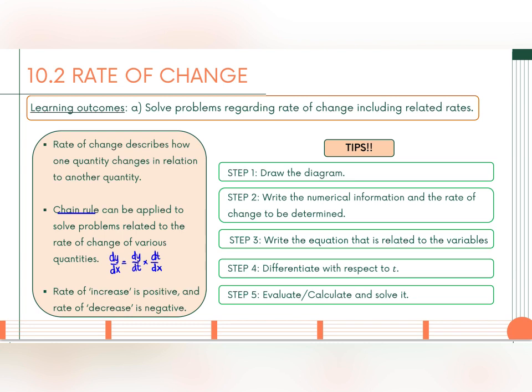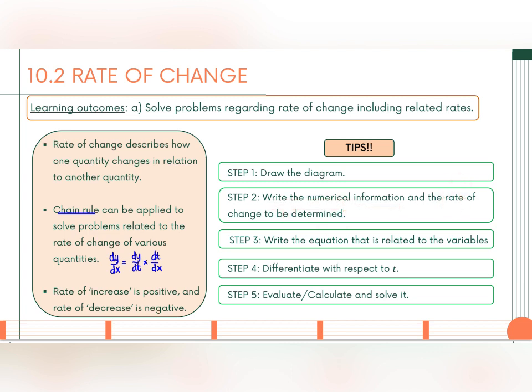Okay, so here are the tips to answer questions that relate to rate of change. So first of all, you need to draw the diagram. So draw diagram ni sebenarnya tak wajib, tapi bila ada diagram kita akan nampak apa yang berlaku dekat soalan. Okay. And second is write the numerical information and the rate of change to be determined.